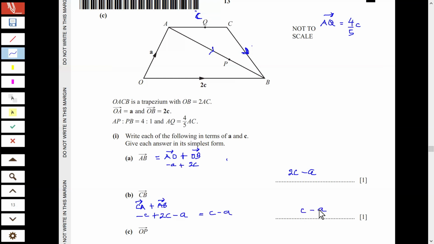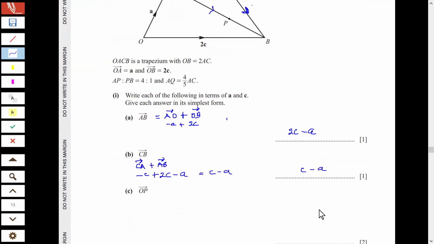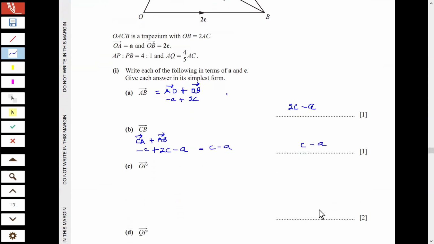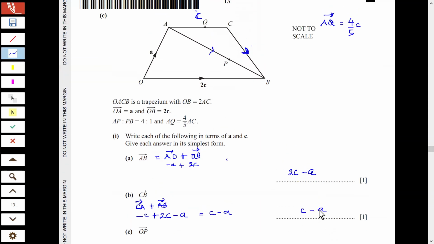Okay, the next question, C, says find vector OP. Vector OP is exactly what we are expected to find.